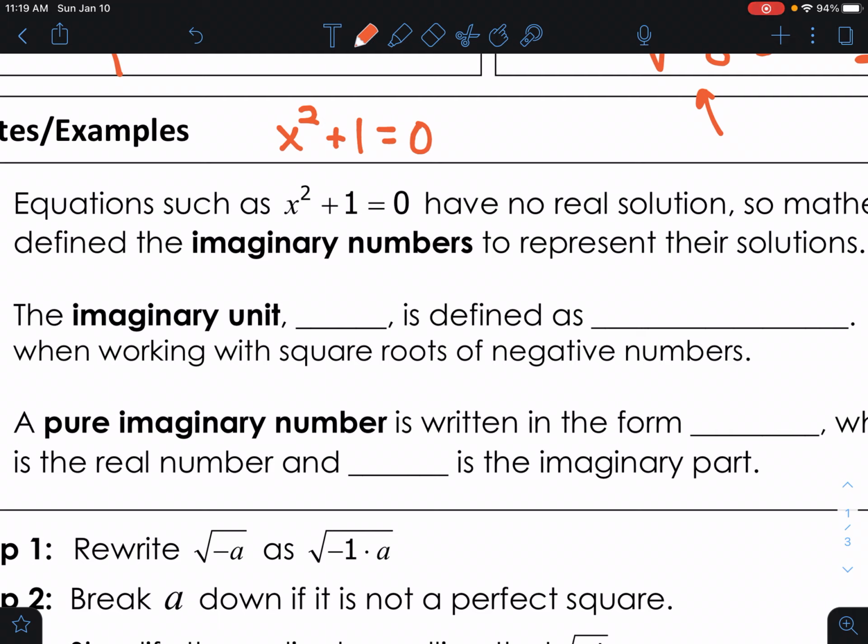So I should have some solutions when I solve this, but if I move the 1 to the other side, I get x squared equals -1. Then to get rid of the squared, I would take the square root. And so then I get x equals the square root of -1. And there's no answer. If you try to type that into your calculator, you will not get an answer. So what do I do then?